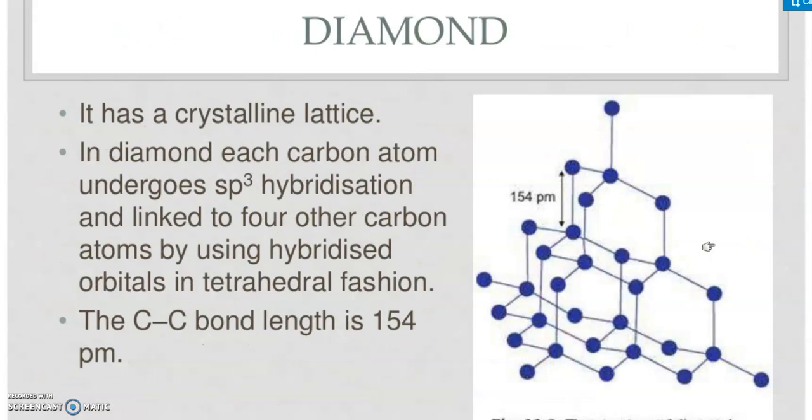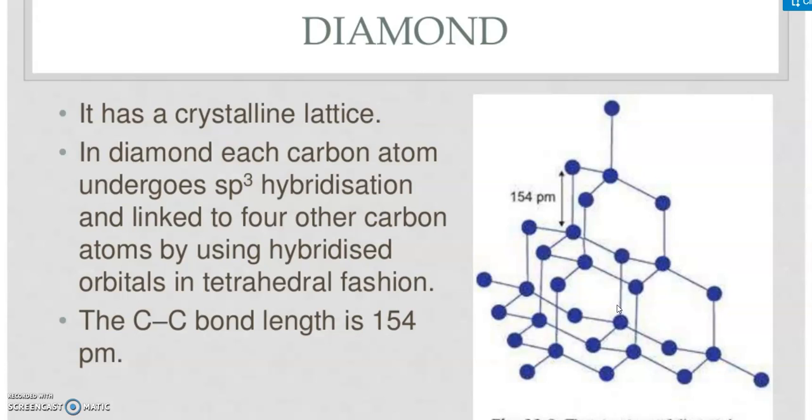For example, diamond. Diamond has a crystalline lattice. In diamond, each carbon atom undergoes sp3 hybridization and is linked to 4 other carbons, because we know it is a carbon compound.